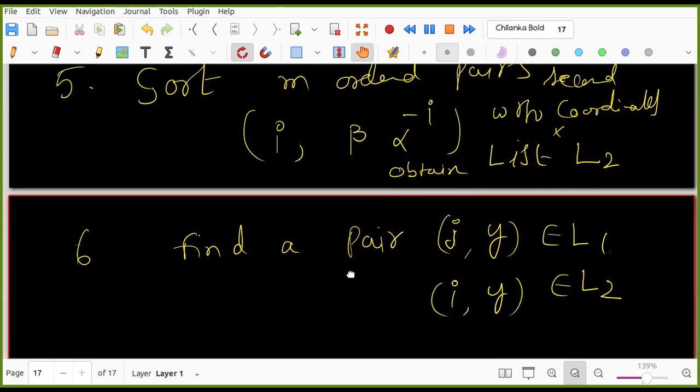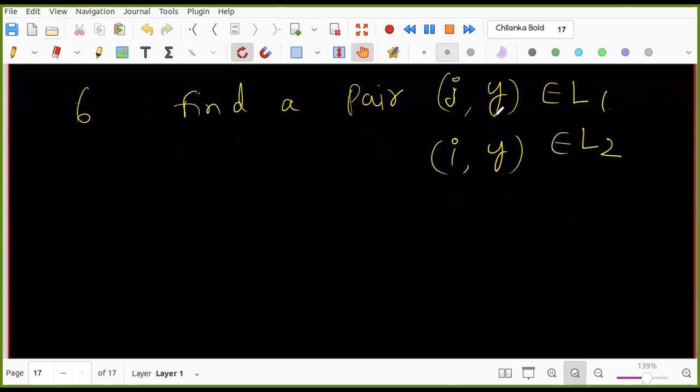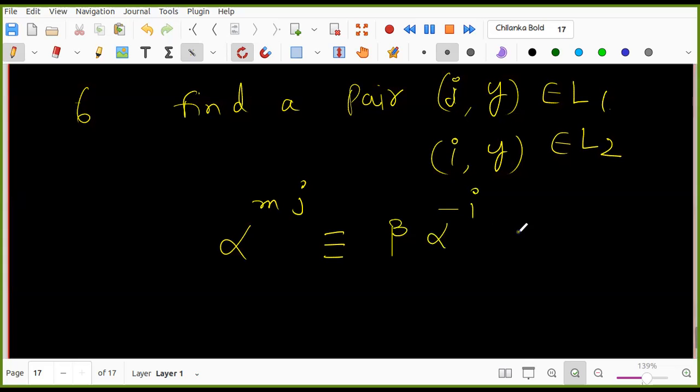So the y value from the first is alpha power mj, which equals, from the second, beta times alpha power minus i, mod n.